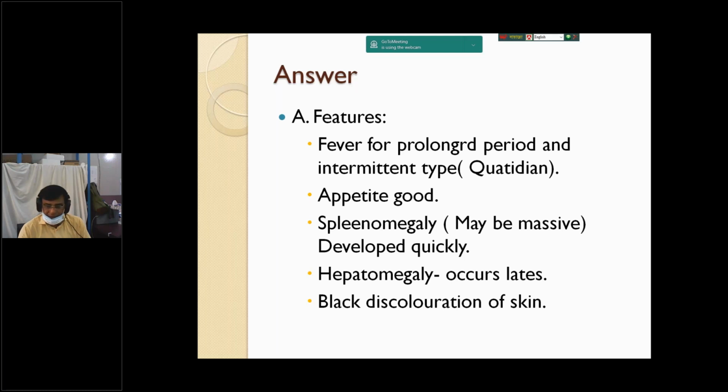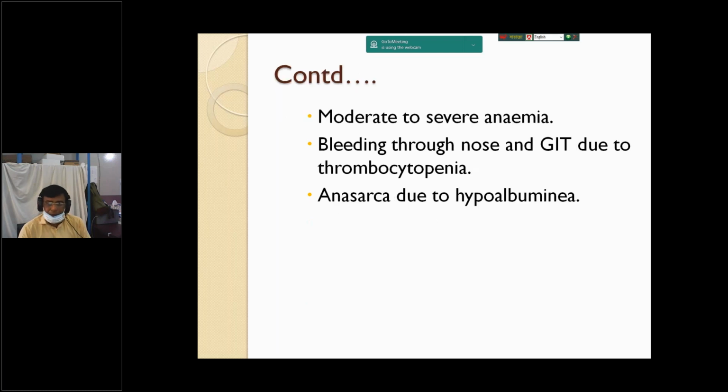Hepatomegaly occurs later. And black discoloration of the skin can also occur. And patient may have severe anemia and bleeding through nose and GIT due to thrombocytopenia, and ascites due to hypoalbuminemia.